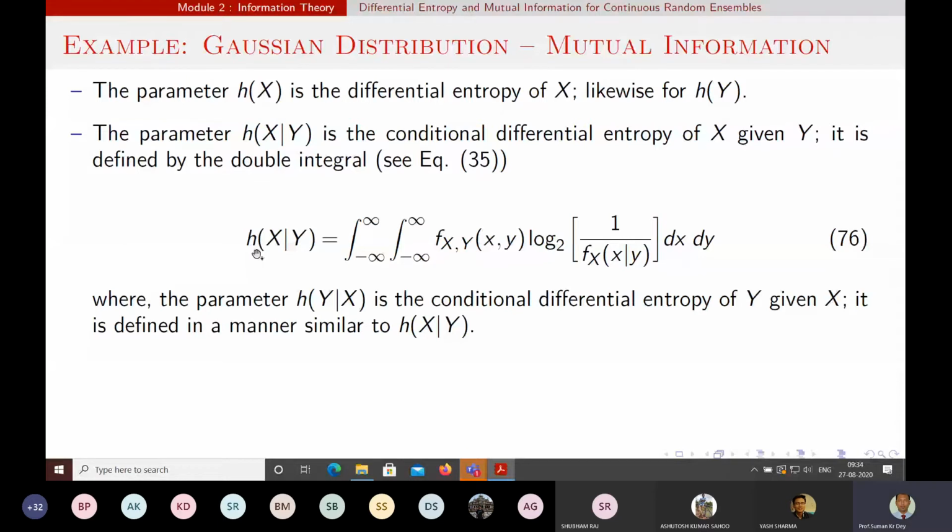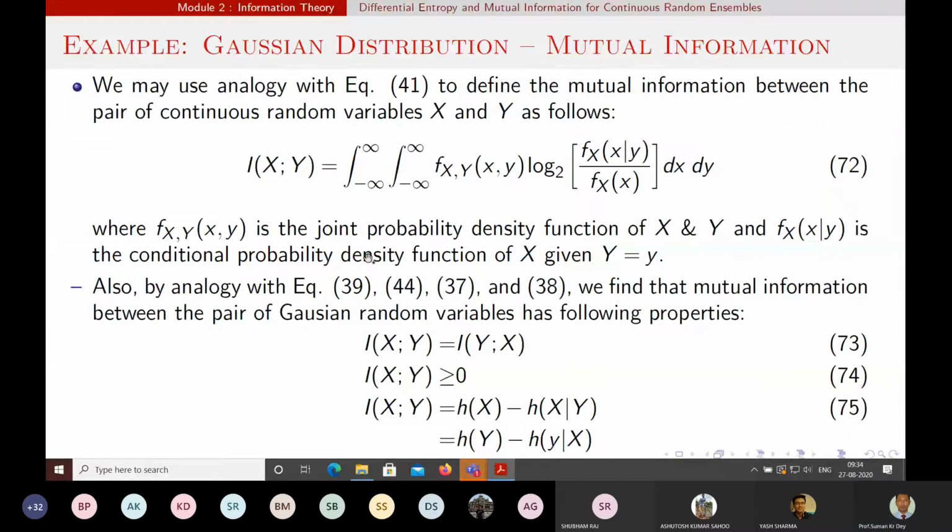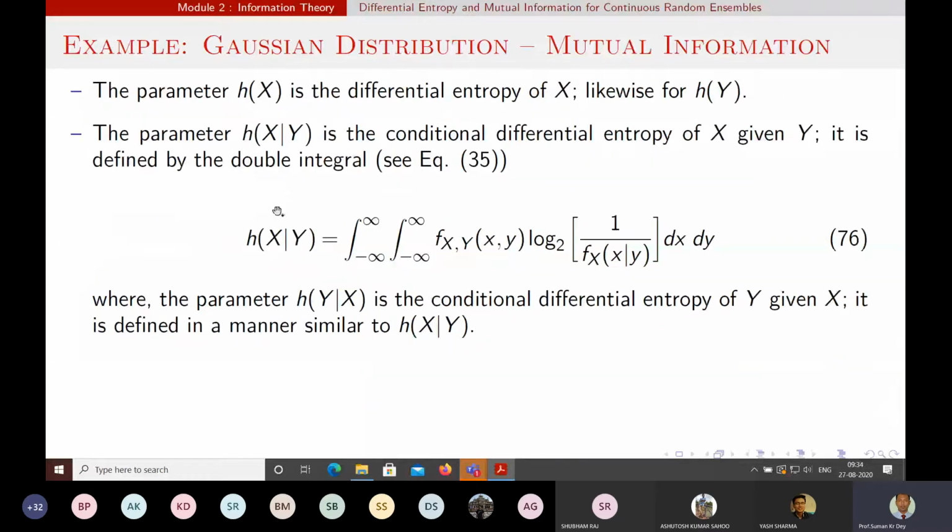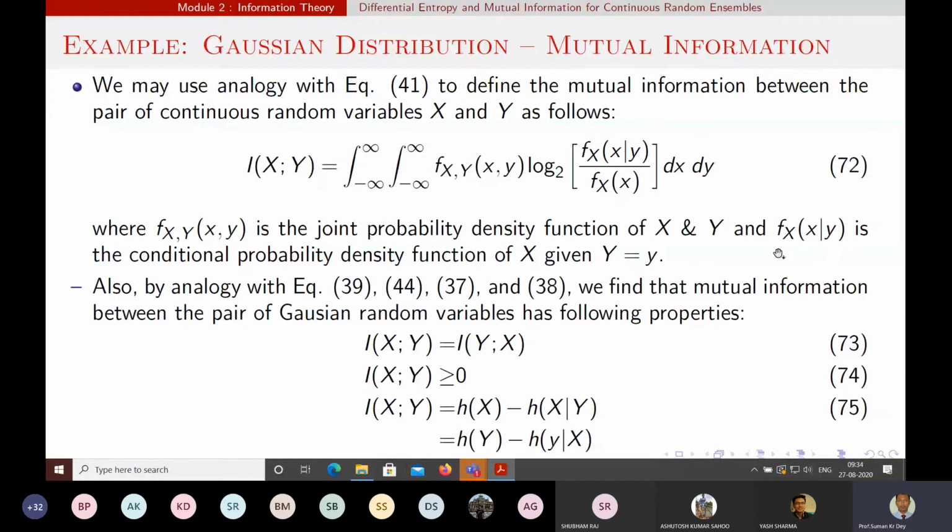This is basically the conditional differential entropy of y when x is given. In this expression, we are finding the entropy for this function. We can find the entropy value for this function also, because both have a probability density function.